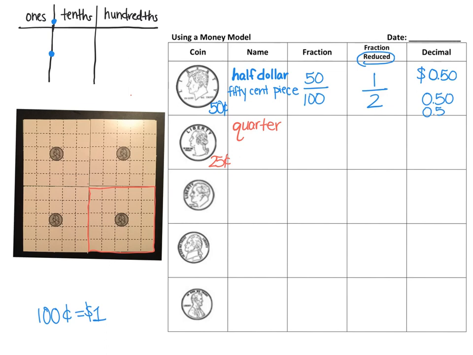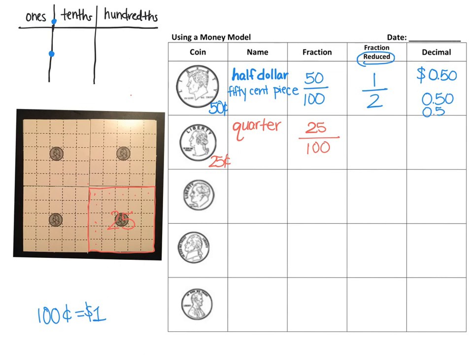On each of the 1 quarter pieces, there are 1, 2, 3, 4, 5 times 1, 2, 3, 4, 5, which would be 25 boxes for the quarter, which means there are 25 out of 100 total. So a quarter is 25 hundredths.